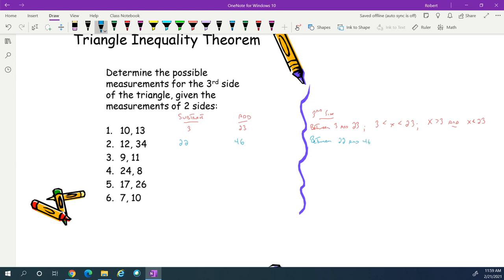And again, we can write this a few different ways. Let's look at another one. If we subtract, we get 2, and if we add, it's 20. So between 2 and 20, 2 is less than x, which is less than 20. We can write inequalities.